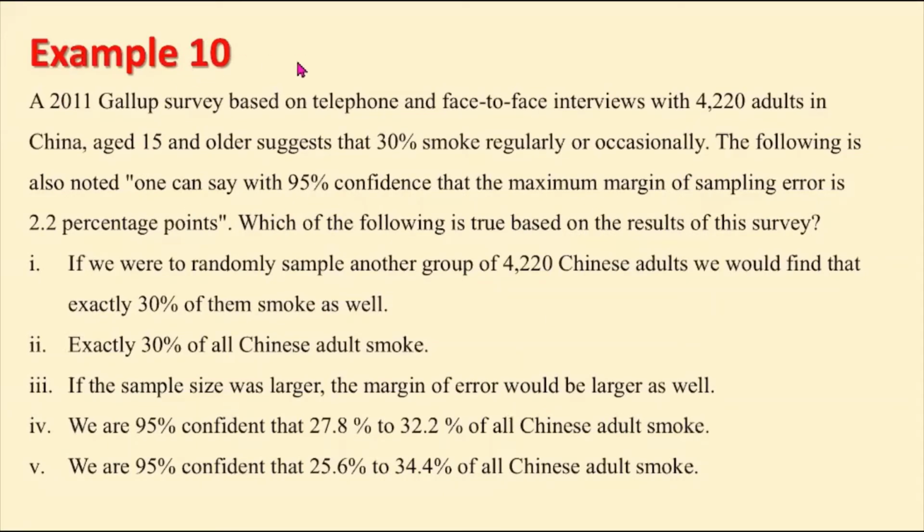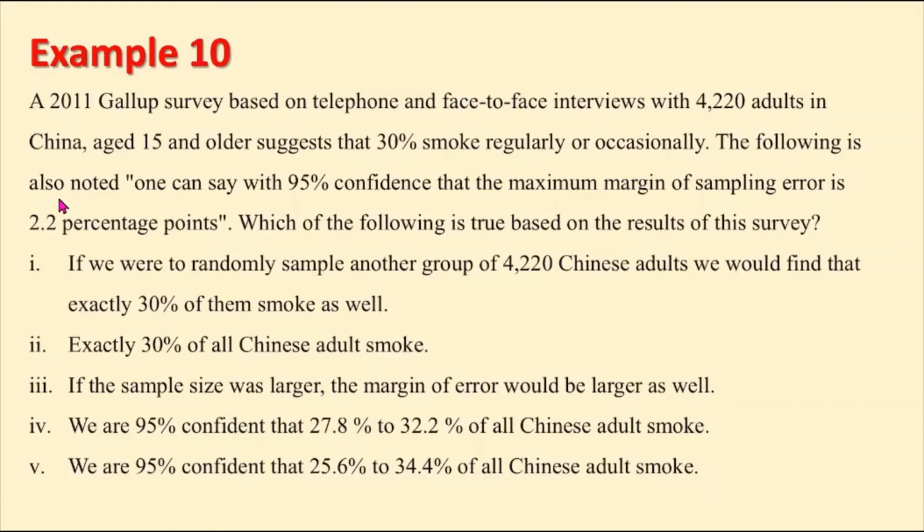Time for example 10. Let's read what is given. A 2011 Gallup survey based on telephone and face-to-face interviews with 4,220 adults in China, aged 15 and older, suggests that 30% smoke regularly or occasionally.